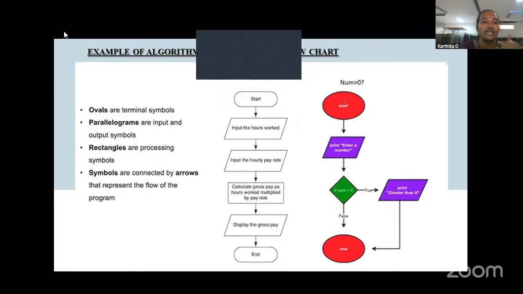What is NP? Non-deterministic polynomial time, which means if the problem is not solved within polynomial time, then the problem is said to be an NP problem, which means non-deterministic polynomial problem. And then NP complete.